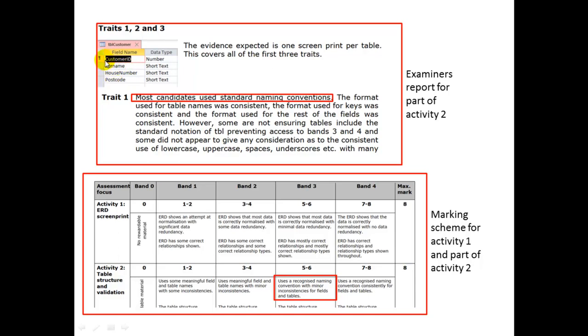CustomerID: C for Customer capital, ID, the whole thing capital, no space. That's what we have to do with our database. That is not regarded at all in activity 1, but it appears in activity 2. So let's go to our database and correct this, yeah?